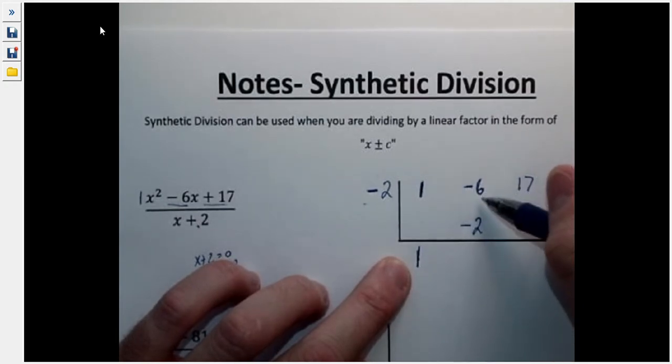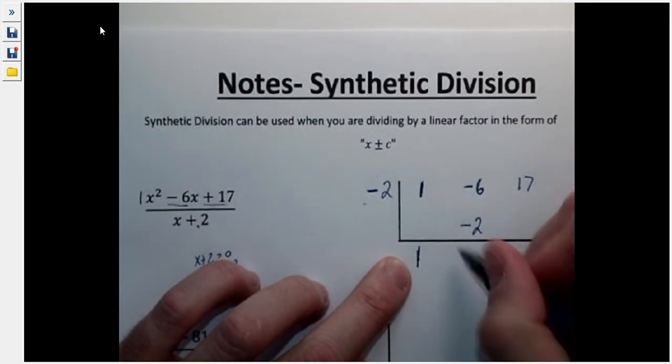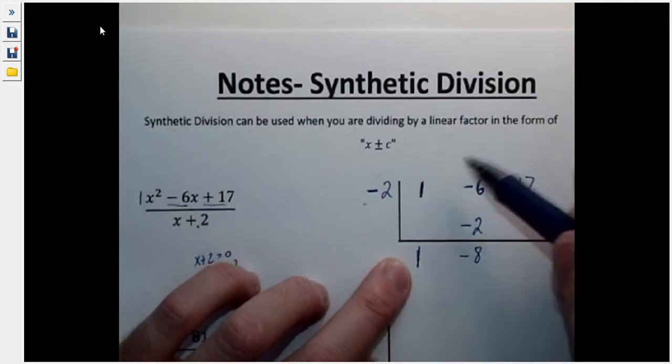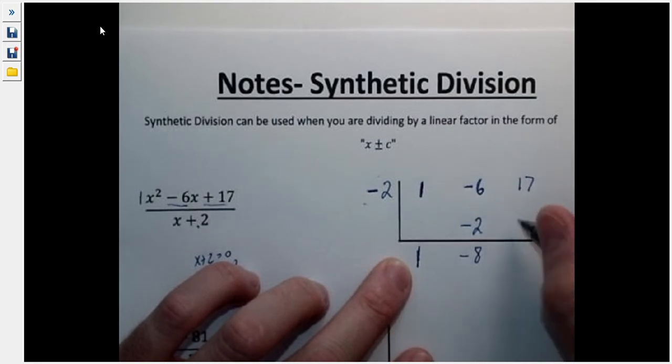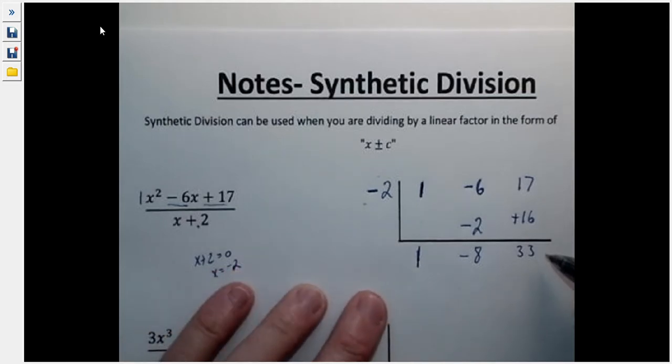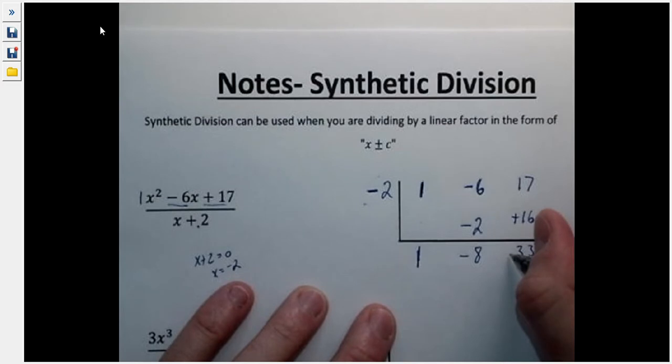Then we add down: -6 plus -2 is -8. Then again, -2 times -8 is +16. So 17 plus 16 is 33. This last number right here is our remainder. So we have a remainder of 33.